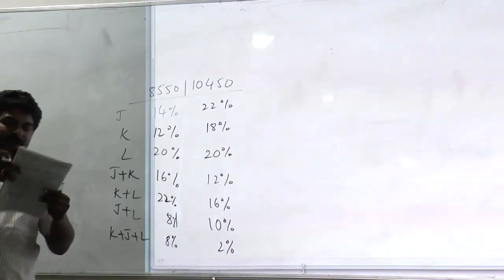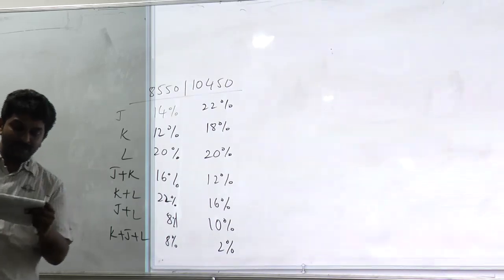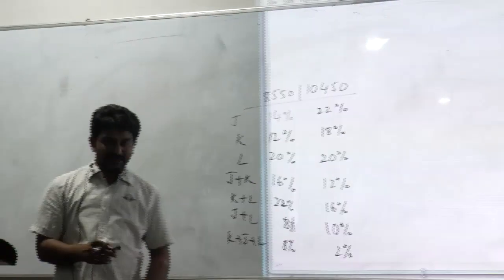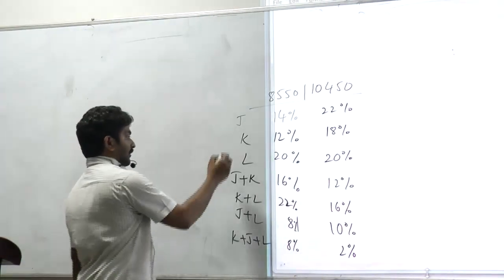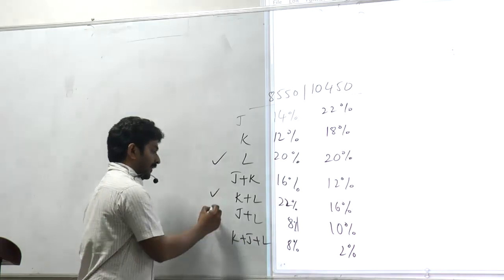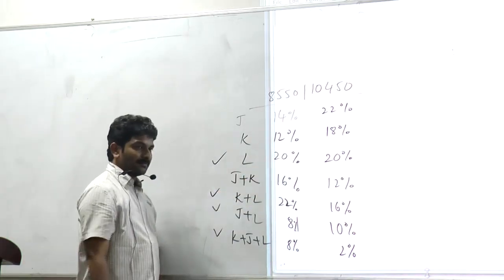What is the difference between the number of female students who study Latin and the number of male students who study the same? It's about Latin. Wherever you have L, you need to count that. This one and the last 3. This is 20%.